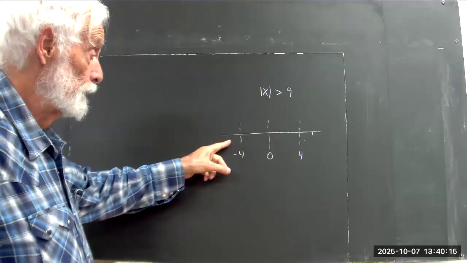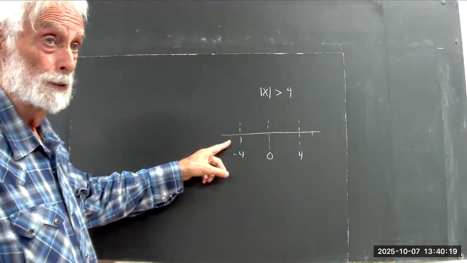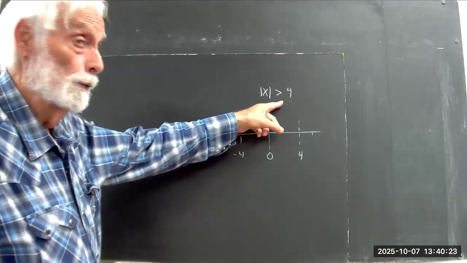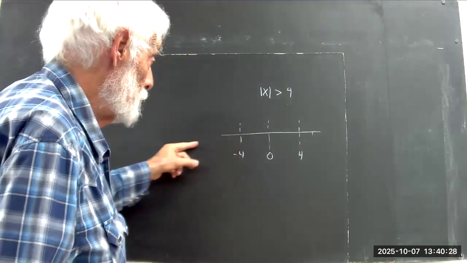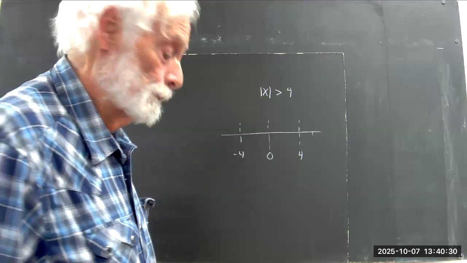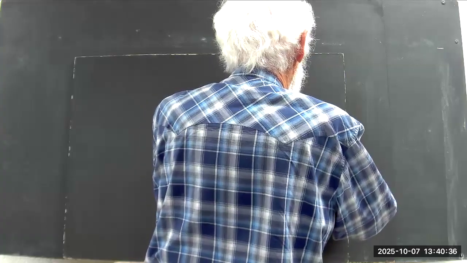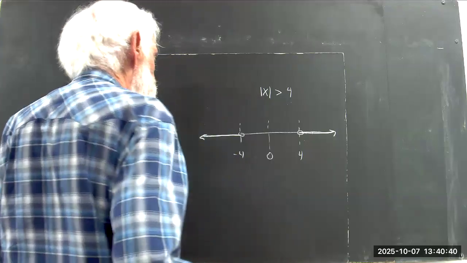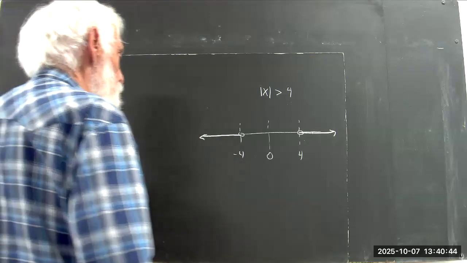Well, that number is less than -4, right? So maybe that number is like -5. What's the absolute value of -5? It's 5. Is that greater than 4? Yeah, so any number beyond here is greater than 4. So one way to see it is just by thinking about what these numbers might be. But right there is our solution set.